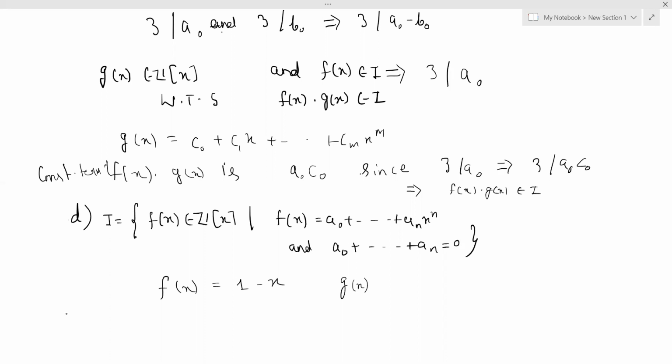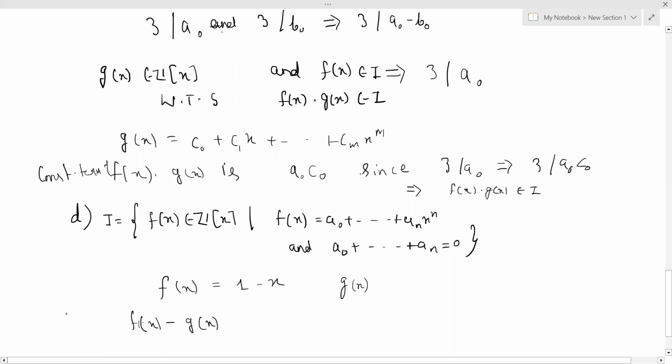Then 2 minus 2x, then it will be 0, right? One minus x, when the sum is 0.